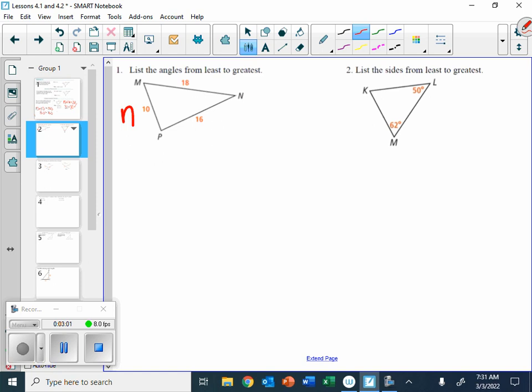What I mean by opposite is across from. So if angle N is over here, that makes this side lowercase n. So this side that's 18, what's the name of it? P. Lowercase p because it is opposite angle P. And then of course that makes side PM lowercase n because it's opposite angle N.